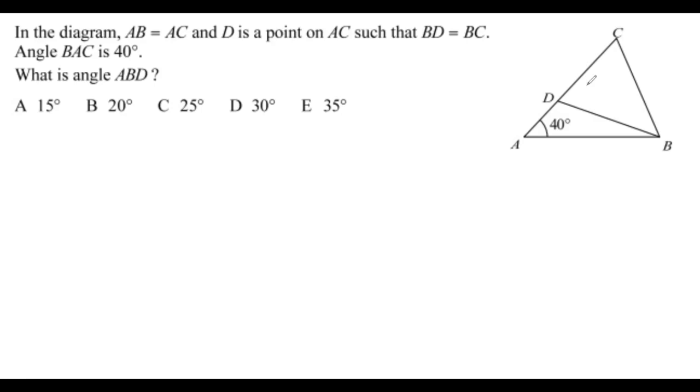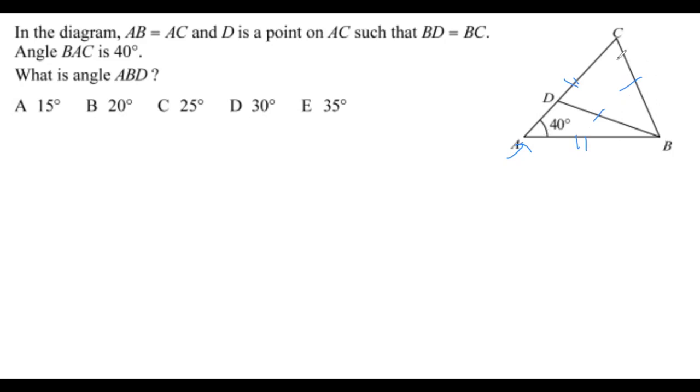This is pretty similar to a lot of the other ones, where we have a lot of isosceles triangles and an angle. We're given this angle, which is not equal to another angle in this picture, at least not immediately.